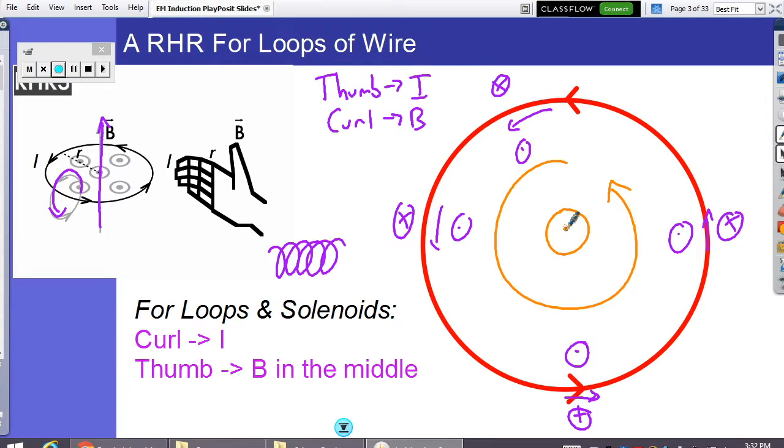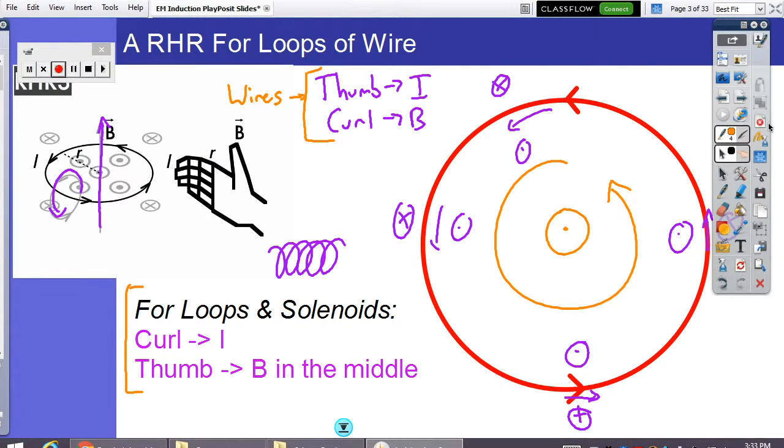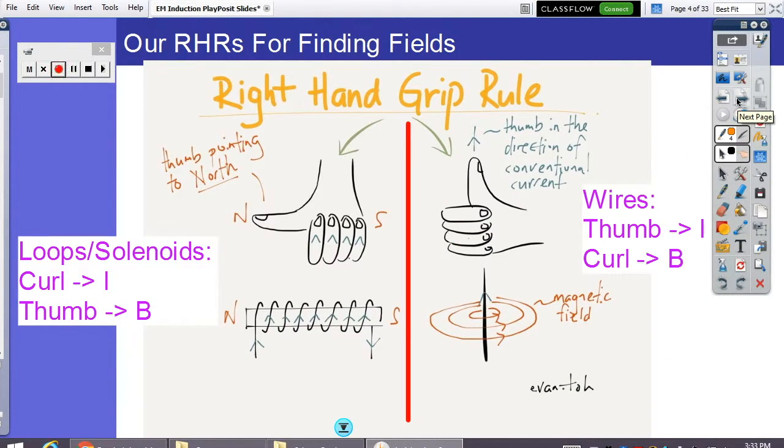So we actually have two versions of the right-hand rule that we can use here. For straight wires, we can make sense of this by looking at it as a wire and using our traditional one. We can also use this new rule for a loop and figure out the direction of the magnetic field that way. If this new version scares you, don't worry too much. You can still use the original right-hand rule. So we now have four things we can do with our right hand.